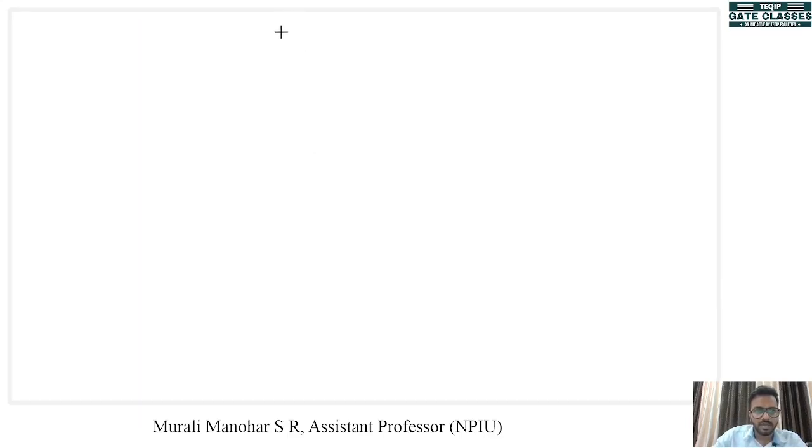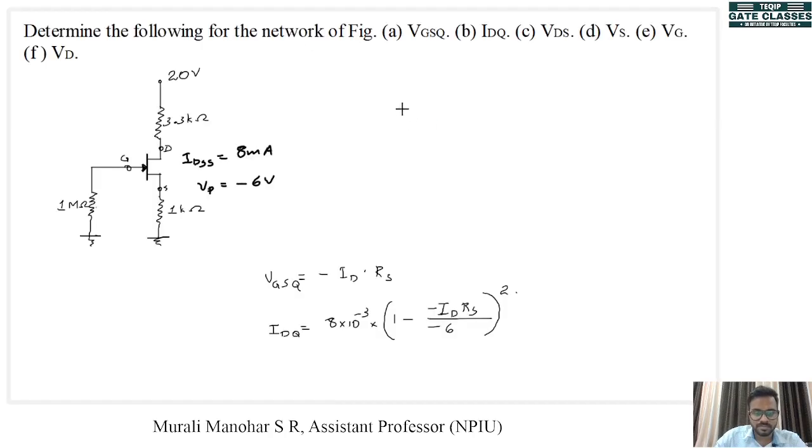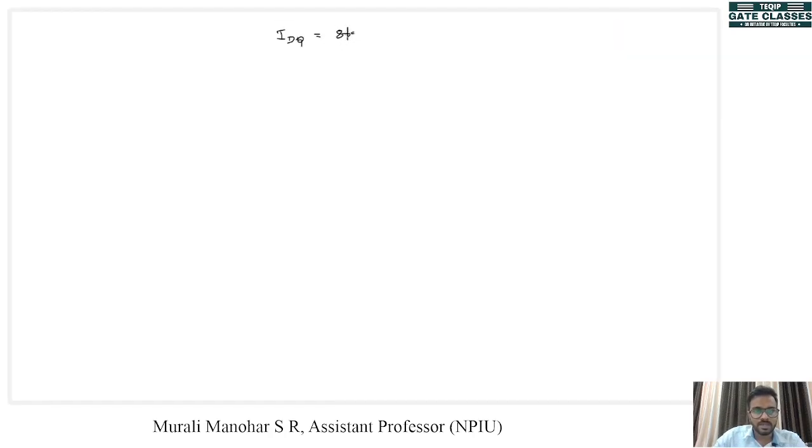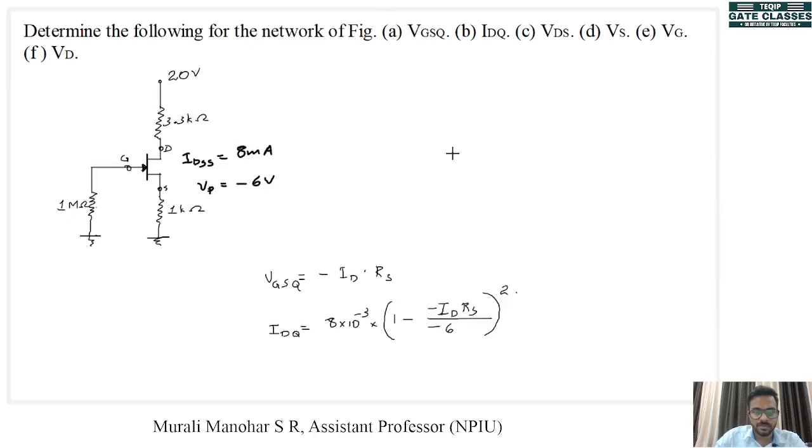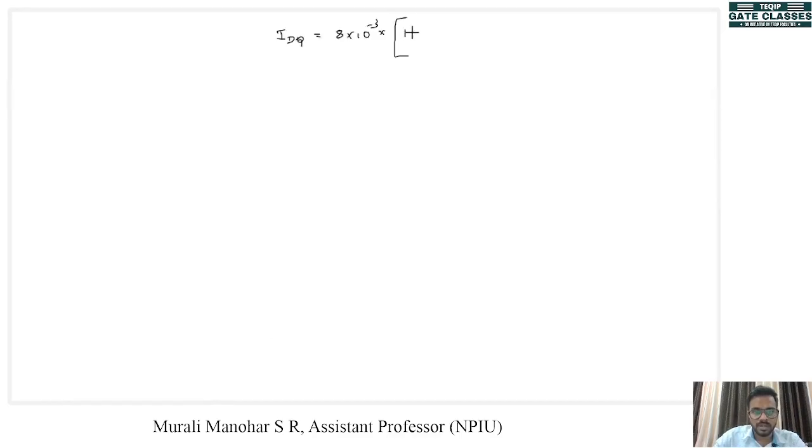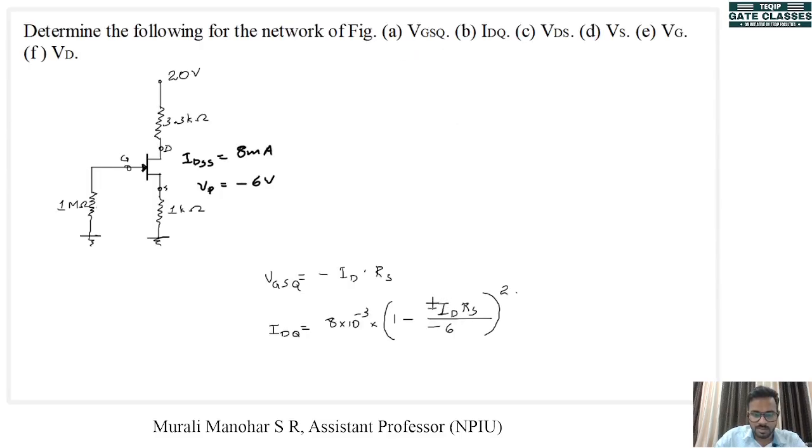Now IDQ will be equal to 8 into 10 to the power minus 3 into 1, this minus and this minus cancels.